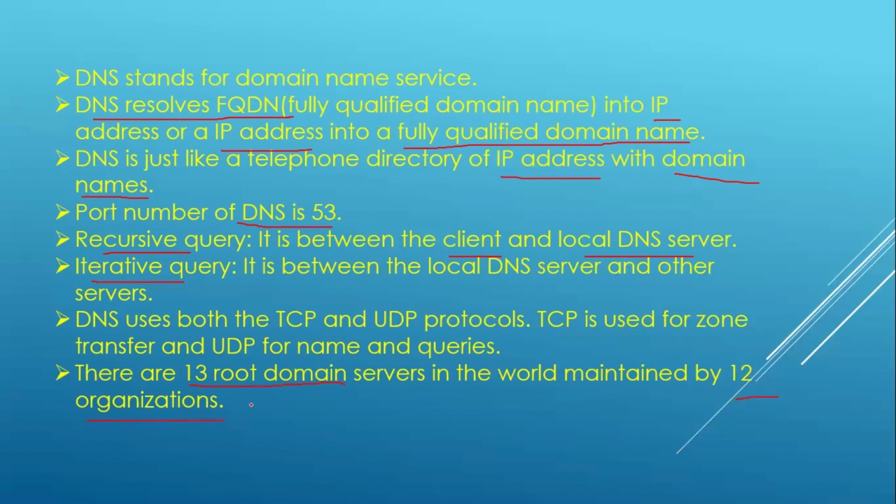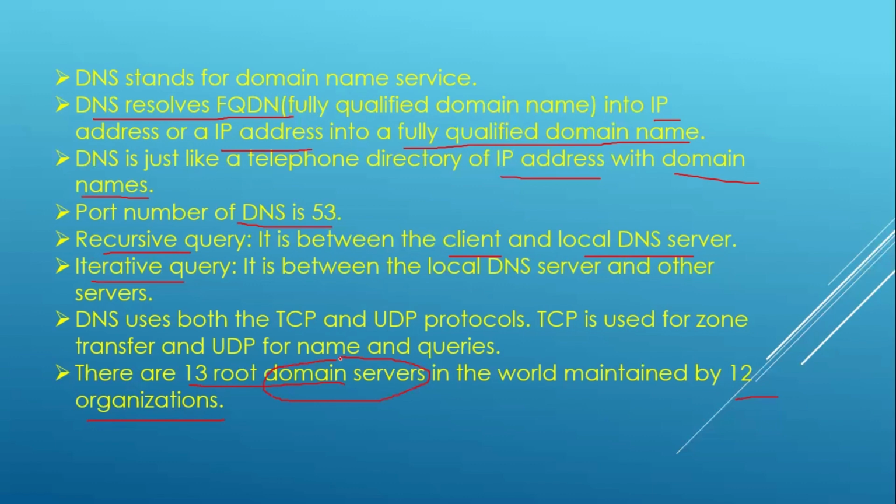In the root domain server, the addresses of the major domain servers will be there, for example .com, .edu, .gov, .in, .net, etc. From this root domain server, I can get the address of the particular server which I am going to access.